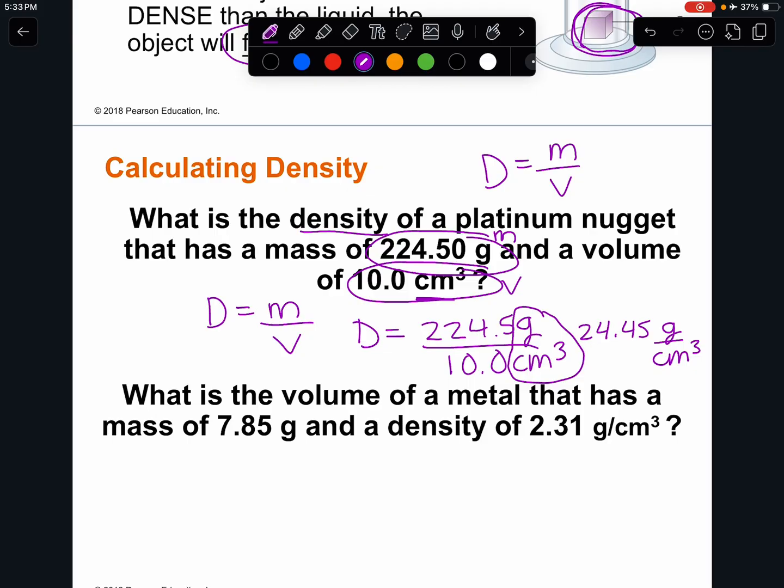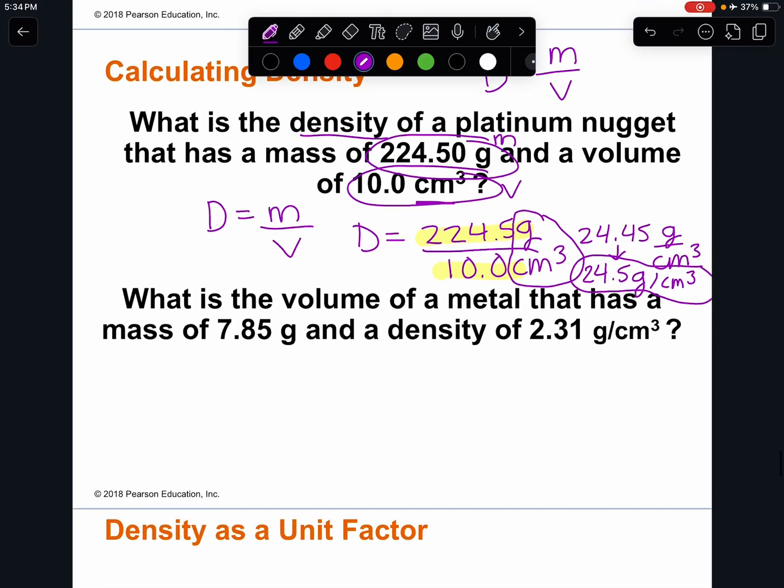Now, we want to round this to 3 sig figs because you're only as good as your weakest player, which means you're only going to have a sig fig that is as low as your smallest amount. This has 3 sig figs. This one has 4. So I'm actually going to round this answer to 3 sig figs. I'm going to go ahead and round this to 24.5 grams per centimeter cubed. Sorry, I had to put that in there kind of small. So I like to get my answer and then round.